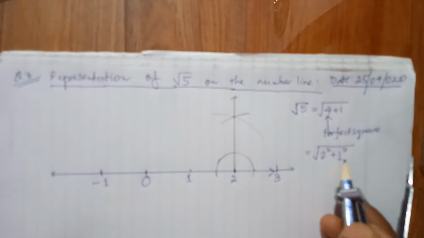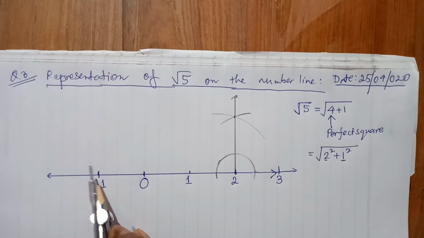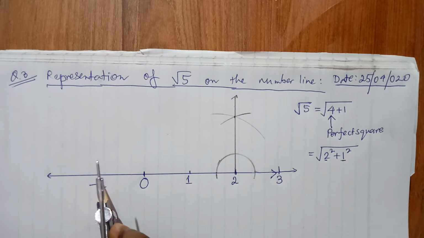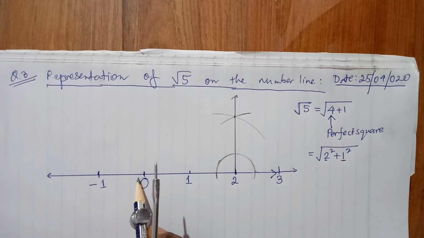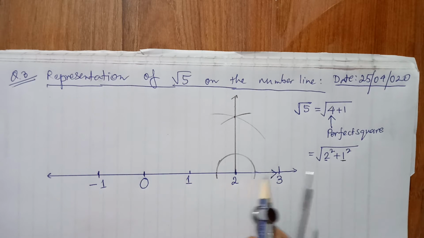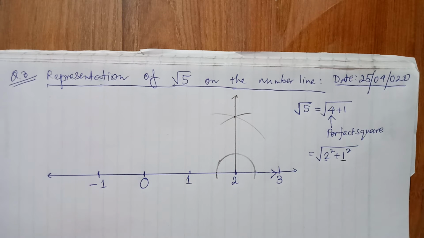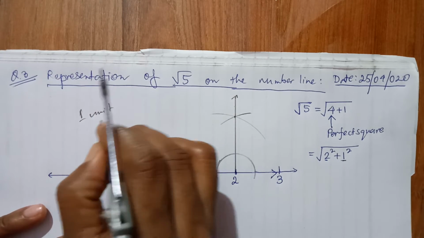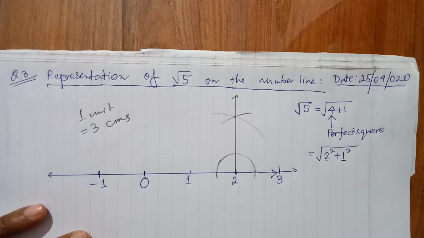Then you have to choose 1 unit on this perpendicular. See here, for each division I am taking 3 centimeters. Each division is the measure of 3 centimeters. That means I am taking 1 unit equal to 3 centimeters.